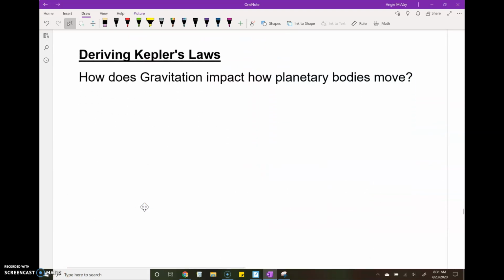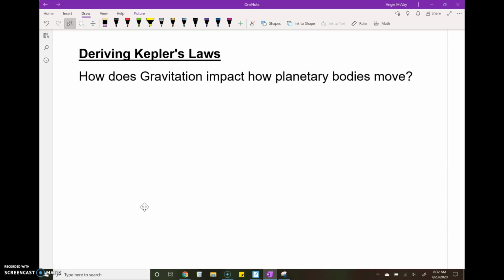All right, now let's talk about how we can use this idea of Newton's universal law of gravitation to describe how planetary bodies move. Planetary bodies often orbit in elliptical ways, not perfect circles, but there are a lot of planetary bodies that move in a circular path.